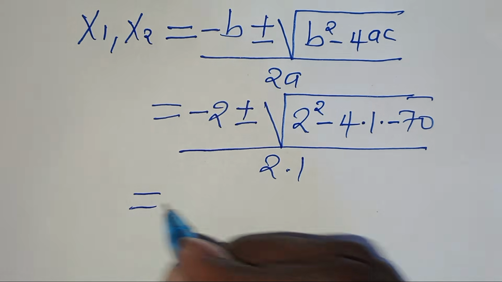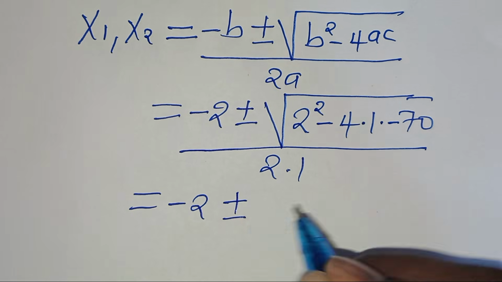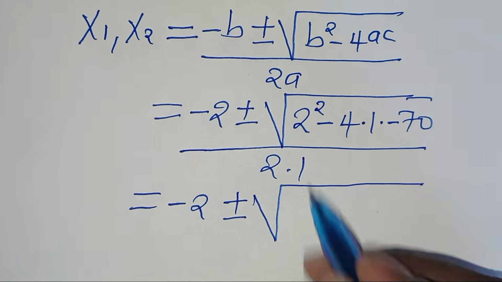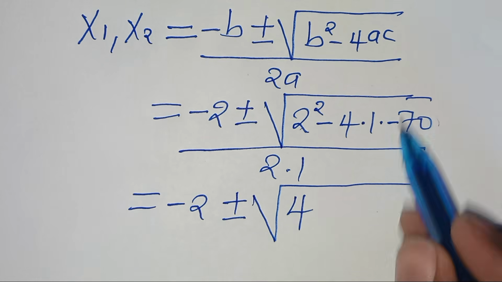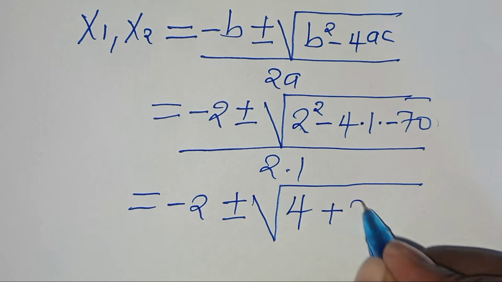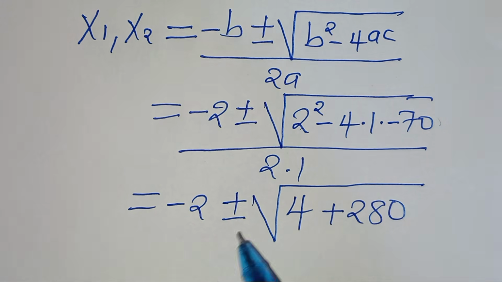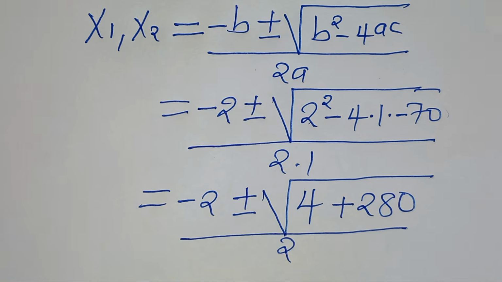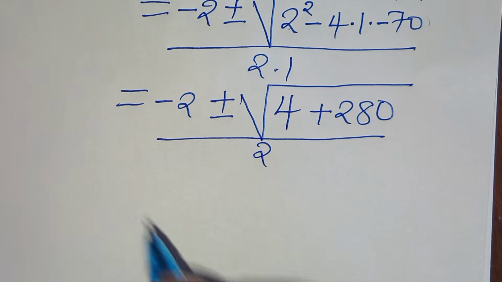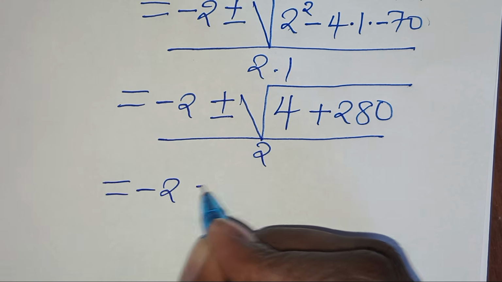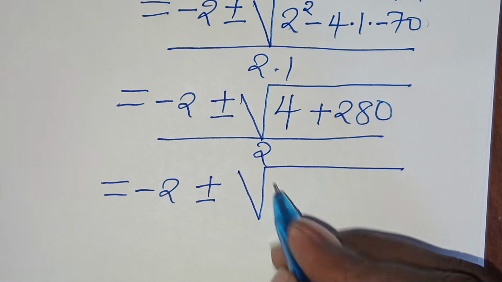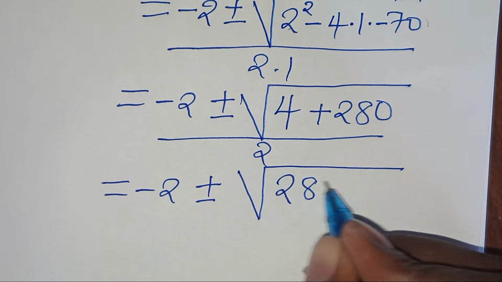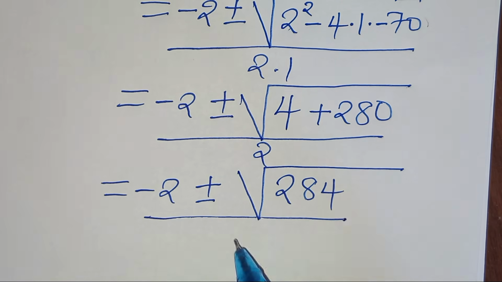So here we have negative 2 plus or minus the square root of 2 to the power of 2, this is 4, minus 4 times negative 70, this is plus 280, then divided by 2. So we have negative 2 plus or minus the square root of 4 plus 280, this is the square root of 284 divided by 2.